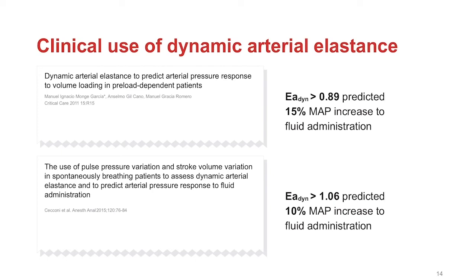Fluid bolus above this cutoff increased mean arterial pressure by greater than 10%. However, they also applied the gray zone approach to this phenomenon and decided a lower cutoff value of 0.9 would be sensible. So it seems that in this limited evidence, spontaneously breathing subjects who are fluid responsive in terms of stroke volume will see a clinically significant increase in mean arterial pressure to a fluid challenge if EA-dyne is greater than 0.89.